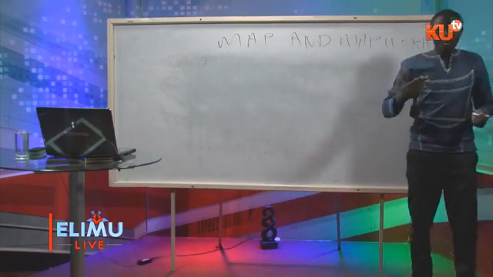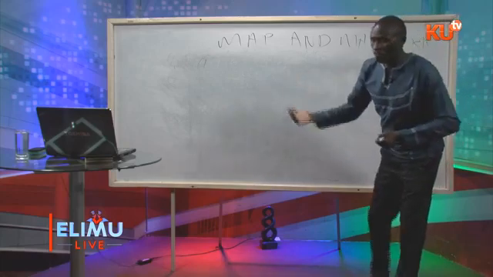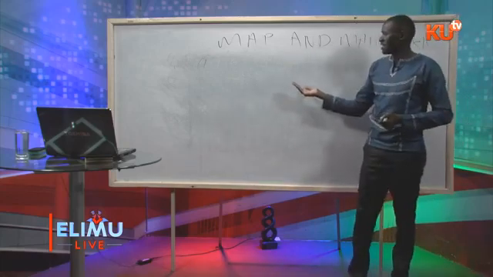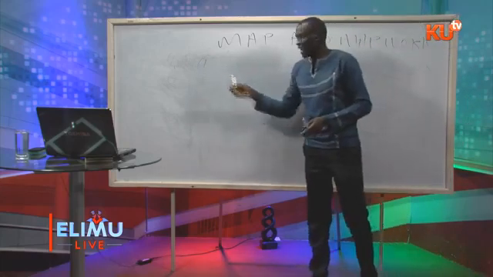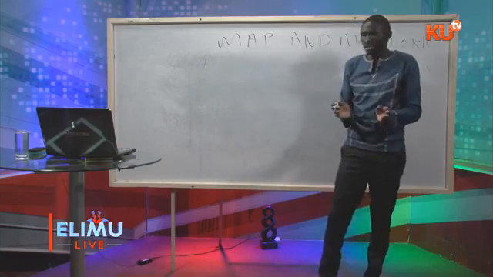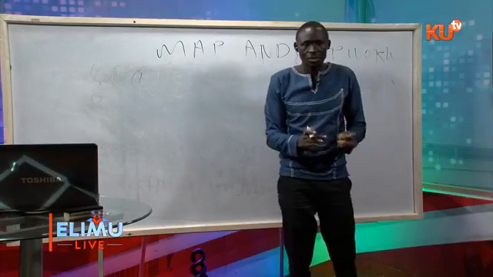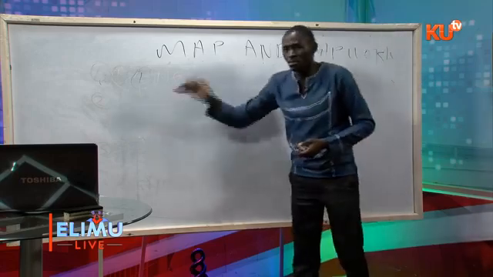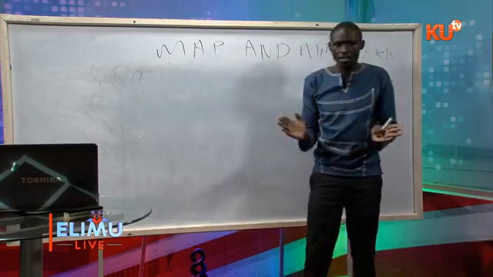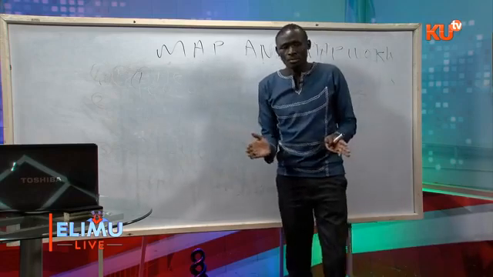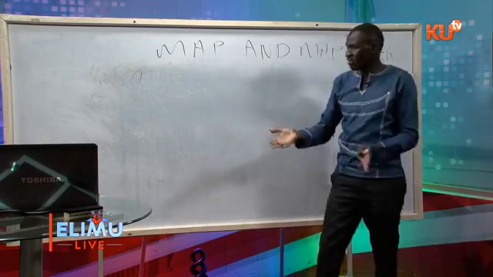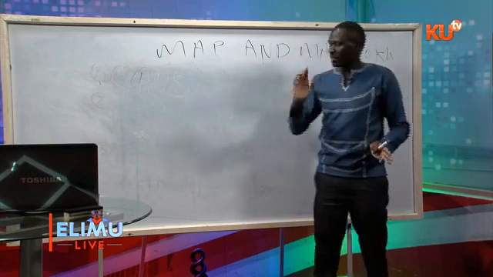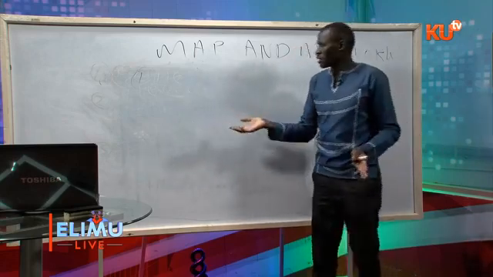For example, when we have a map of KU, Kenyatta University, which has been drawn on a small paper using a scale, it is these small papers with the scales that have been given that we use to know the actual area of KU, and then we convert it to square kilometers, or even meters squared.